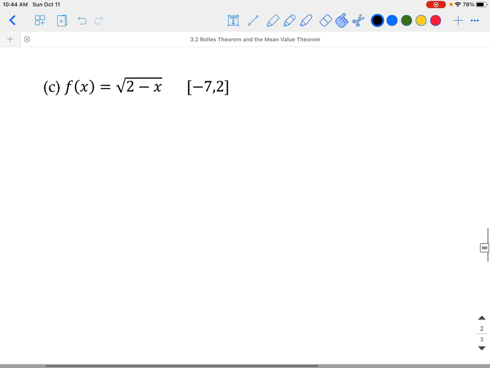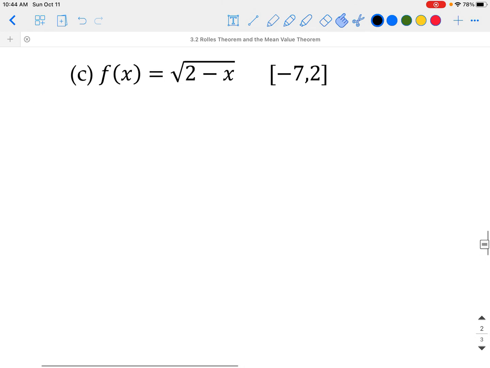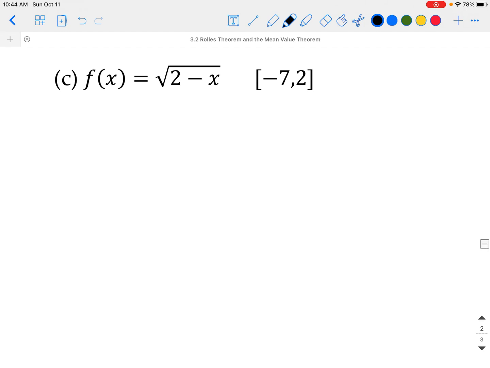All right, so we'll look at C here. So again, we'll need to be slightly careful with our differentiability rules here.